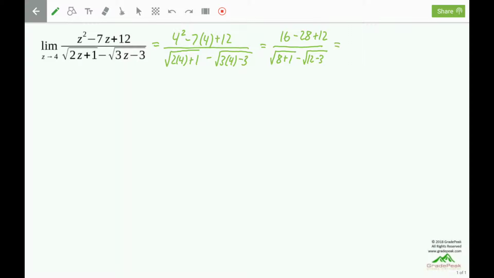In the numerator, 16 minus 28 is a negative 12 plus 12. In the denominator, we have the square root of 8 plus 1, which is the square root of 9, minus the square root of 12 minus 3, which is also the square root of 9. So we end up with negative 12 plus 12 over 3 minus 3, which gives us 0 over 0 indeterminate form.